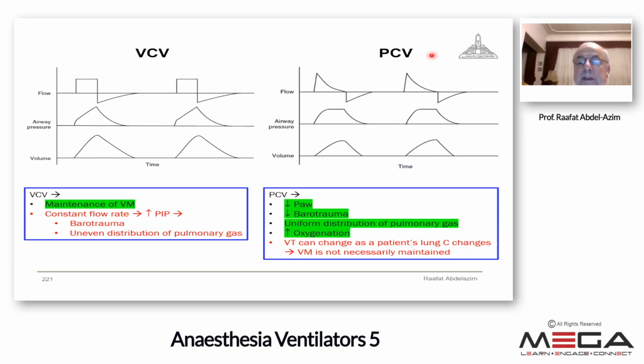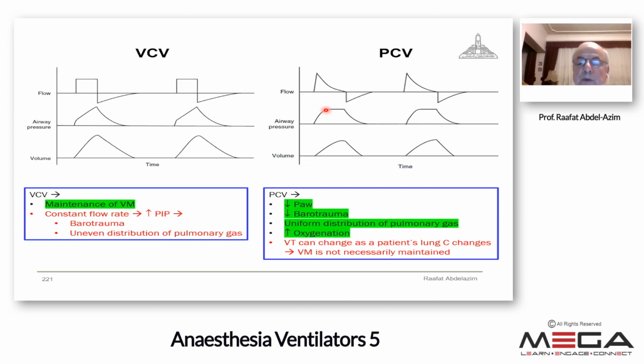If I am ventilating a patient with pressure controlled ventilation and the compliance changes, for example, the patient develops pulmonary edema, and I started to manage the patient with medications, and the situation improved.